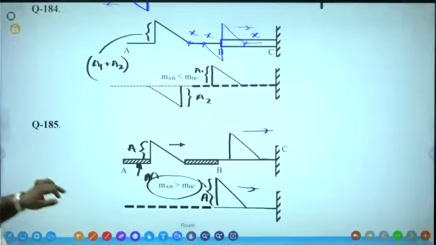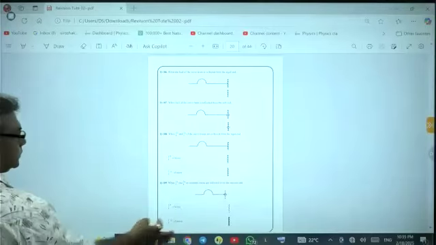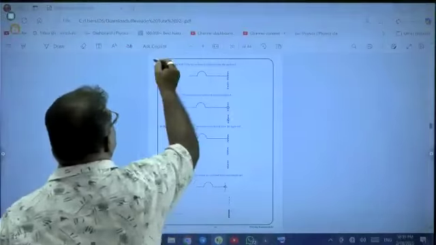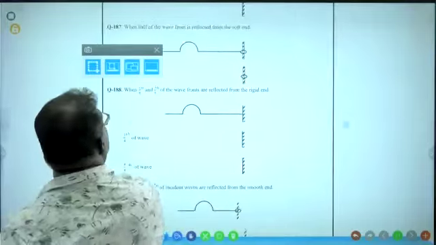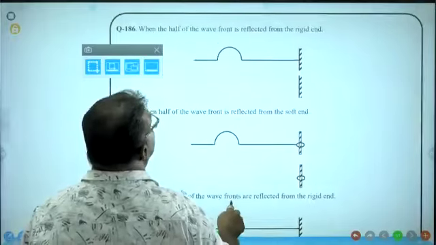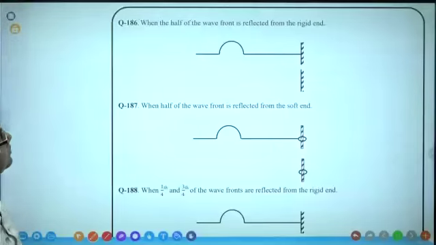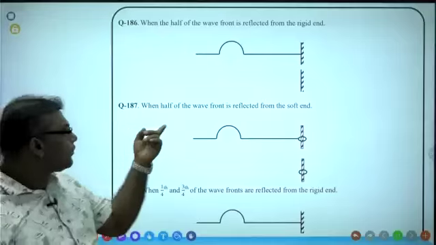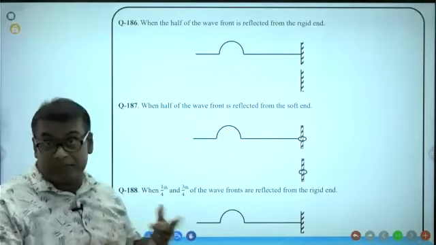Right, copied. Can we see next? 186. Okay, then you are asked to draw when the half of the wave front is reflected from the rigid end, when the half of the wave front is reflected from the soft end, when 1/4 and 3/4 of wave fronts are reflected from the complete theory part, right?